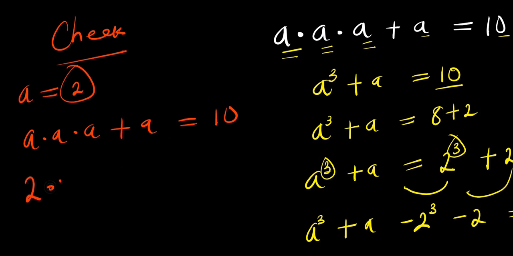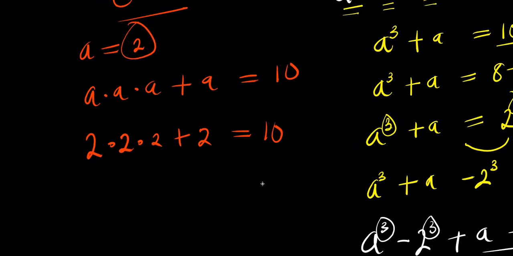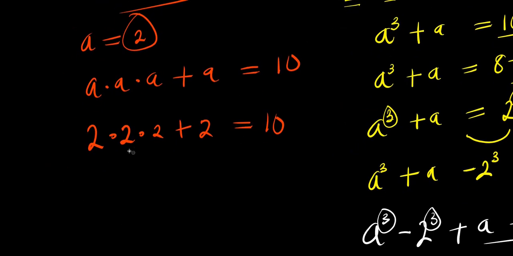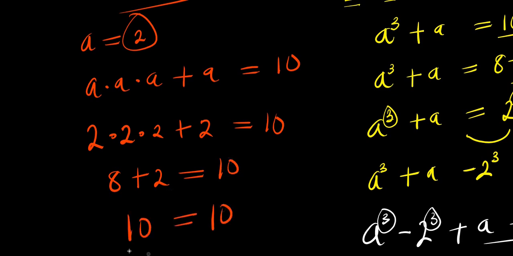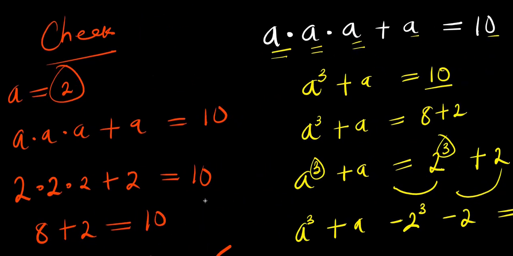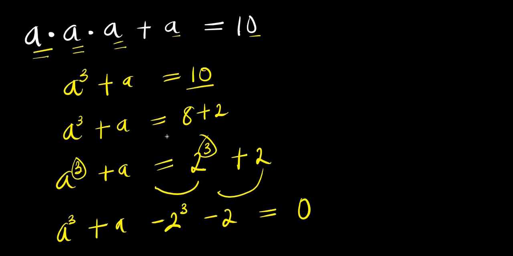So this is 2 times 2 times 2 plus 2 equals 10. So what we are going to do will be to multiply this out. So you have 2 times 2, that is 4. 4 times 2, this is 8, plus 2 equals 10. And from here, 8 plus 2, that is 10. And this equals 10. Now both sides are the same, so that means the value of a has actually satisfied the equation.